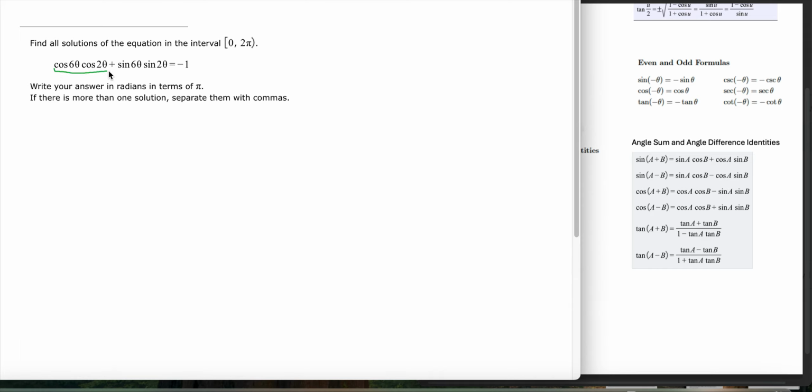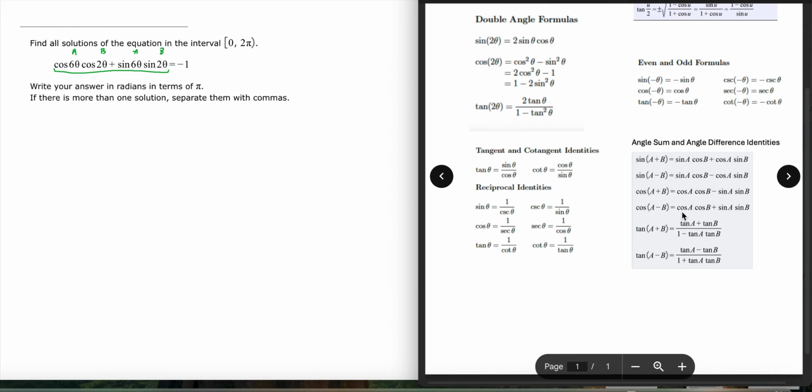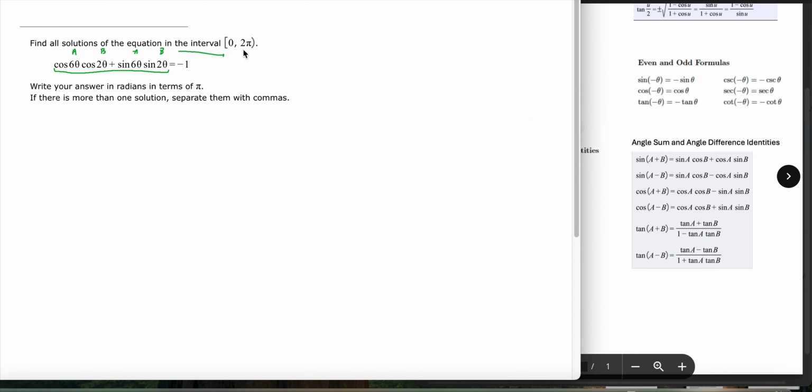For this left side, I'm looking at 6 theta as angle A and 2 theta as angle B. So this is cosine A, cosine B plus sine A, sine B. I know that I can rewrite that as cosine of A minus B. So really that left side of the equation, I'm going to replace with cosine of 6 theta minus 2 theta equals -1.